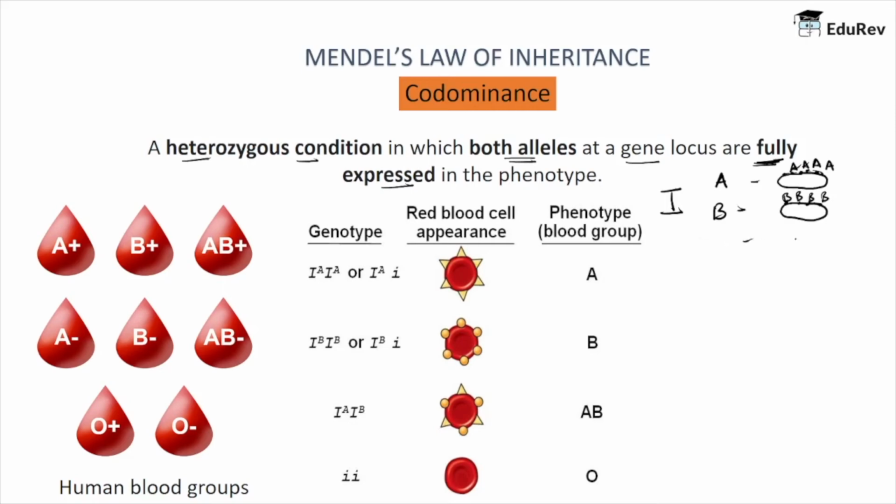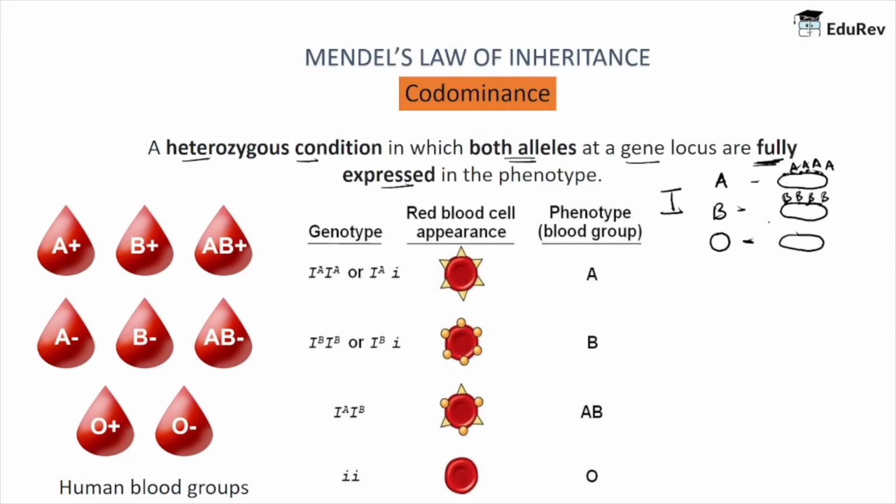And what if the blood doesn't have any antigen? Then the blood group in that case is O. You might have seen that some people have blood group O as well. It is because there is no antigen present on the blood, neither A nor B. That is why that blood group is called O.